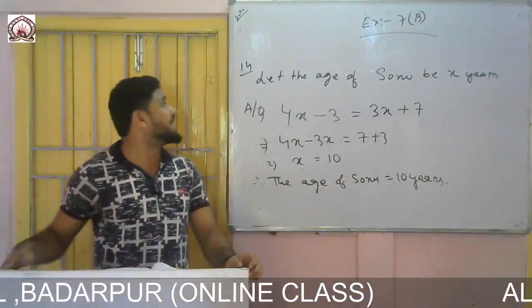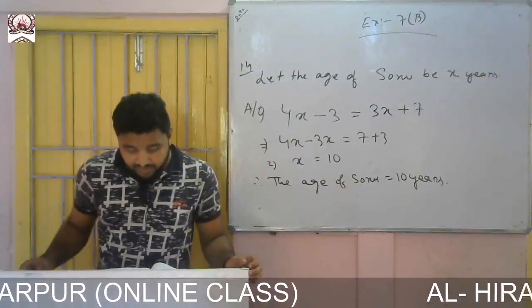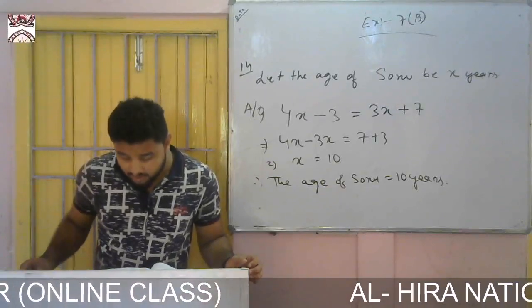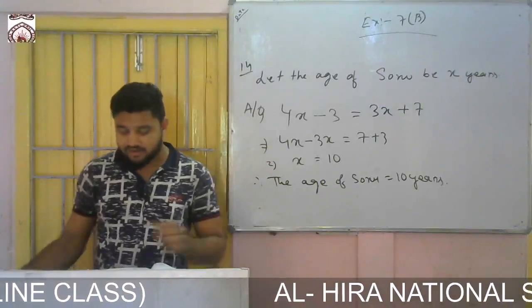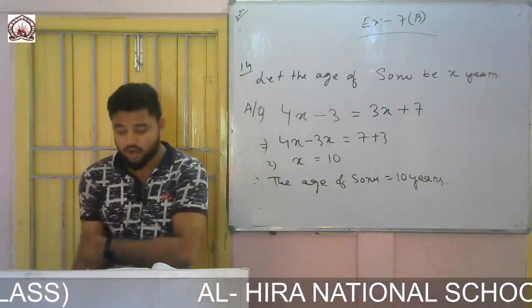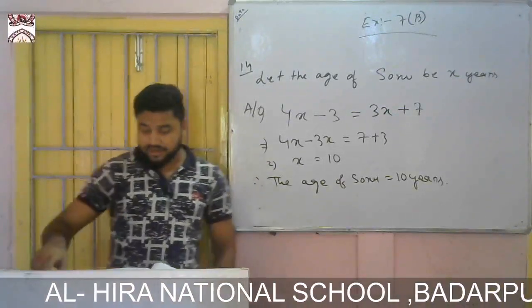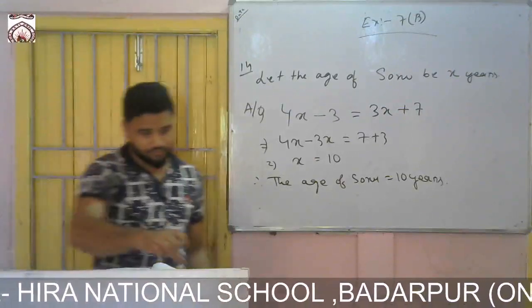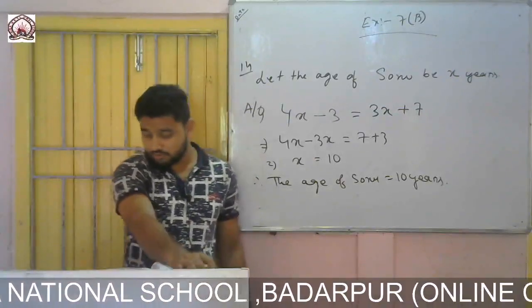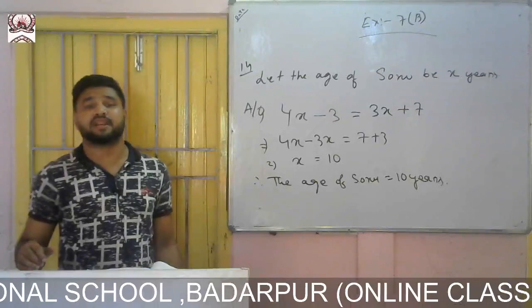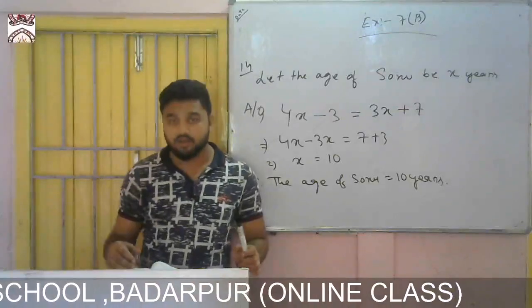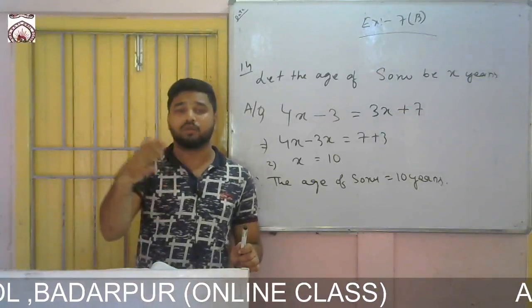Now come to question number 15. Find three consecutive numbers whose sum is 81. Three consecutive numbers, that means suppose 1, 2, 3.